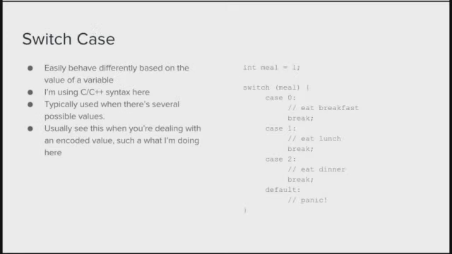So now switch cases. It's another way to do the same thing, and this is the C++ style of switch cases. They're a little bit more unique beasts. You don't see them used quite as frequently because you can use them just as easily as you can use an if statement. But they're used usually, as I say here, specifically when you're dealing with an encoded value, an enumeration that I was talking about before.